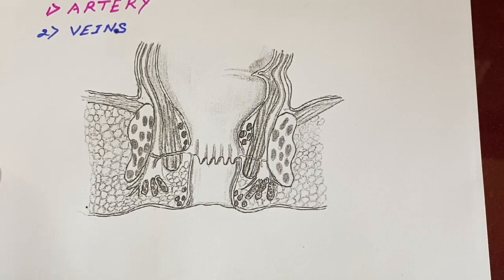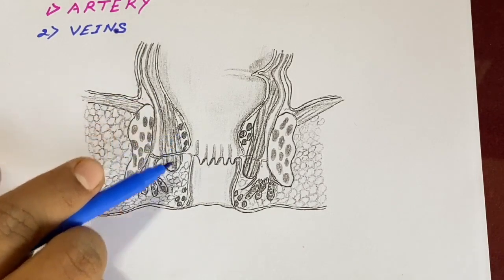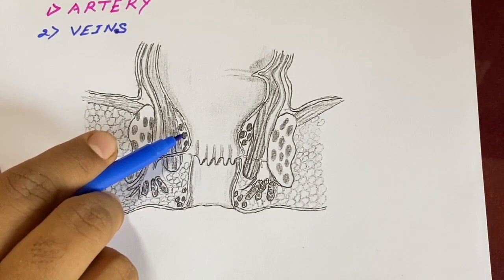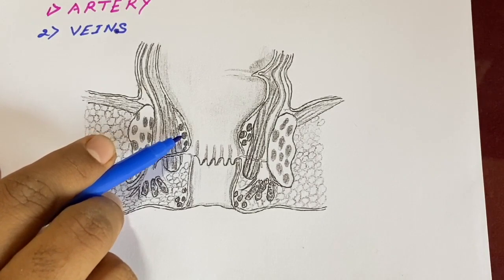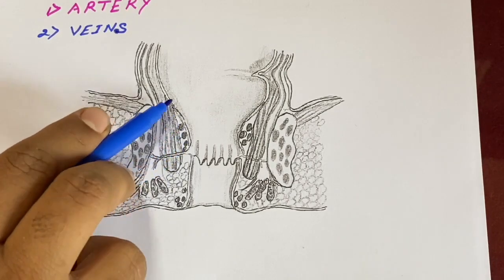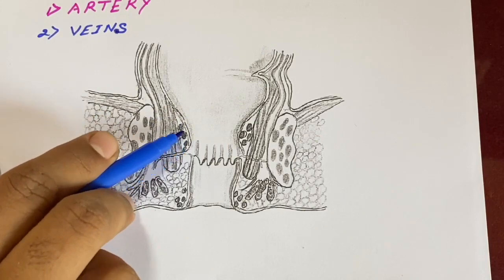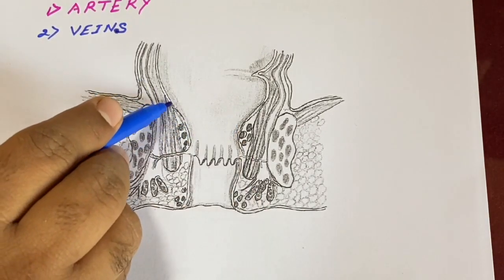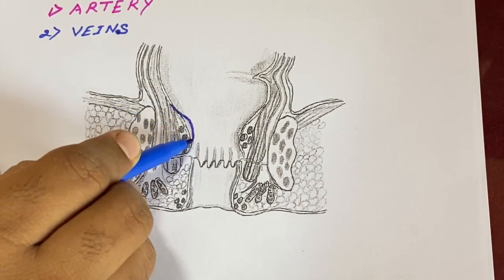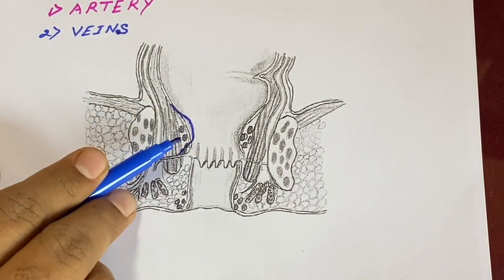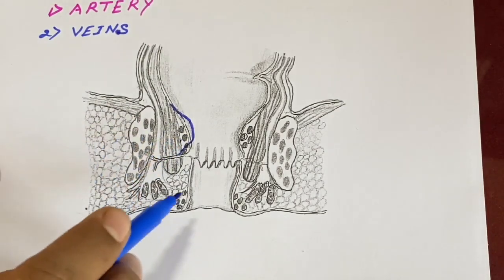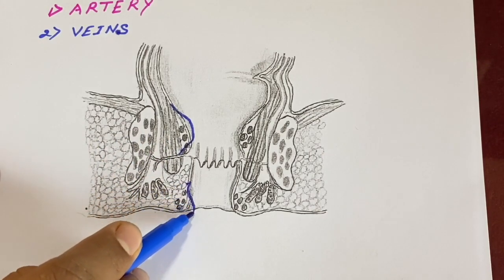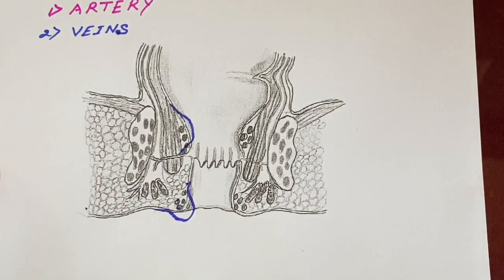Hemorrhoids are nothing but an engorgement of the hemorrhoidal plexus. Here there are veins, and as I told, this is just a cushion failure in the submucosal layer. These veins become engorged. If the veins become engorged at this area, these are called internal piles, and if this hemorrhoidal plexus gets engorged, these are called external hemorrhoids.